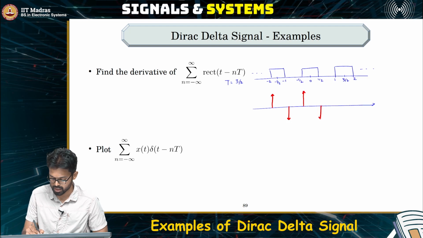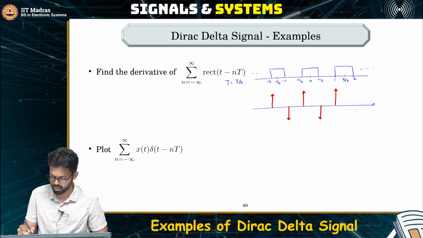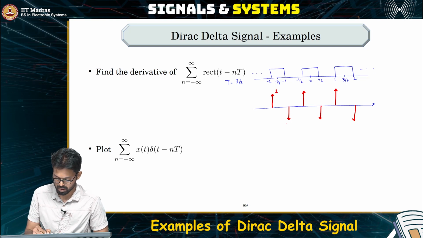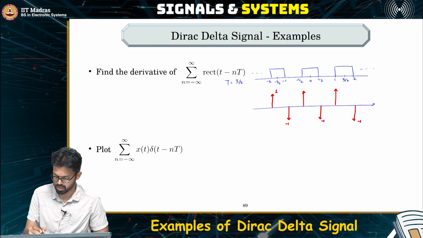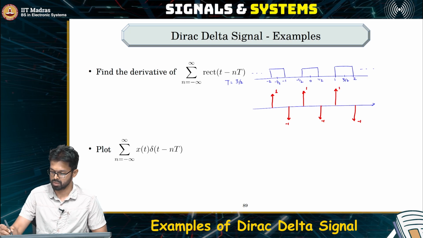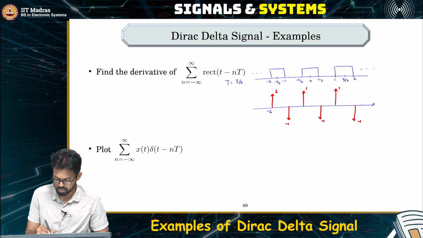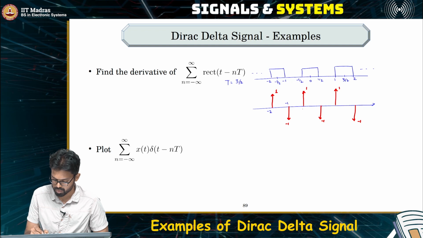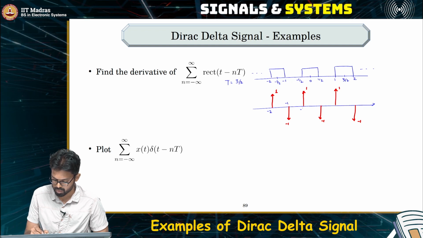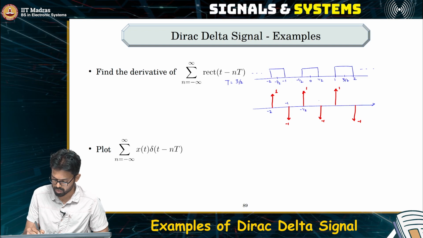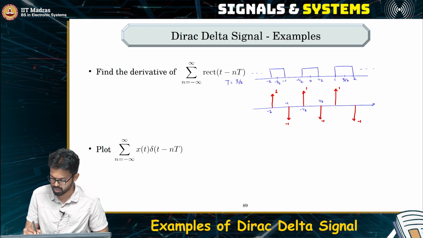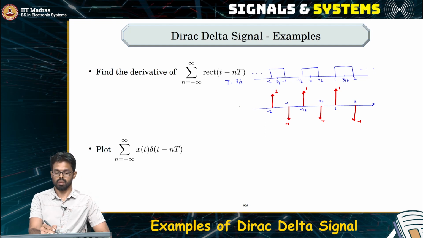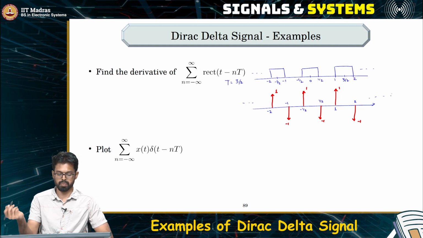Whenever there is a decrease, there is a negative impulse. So this is 1, -1. And so this repeats.